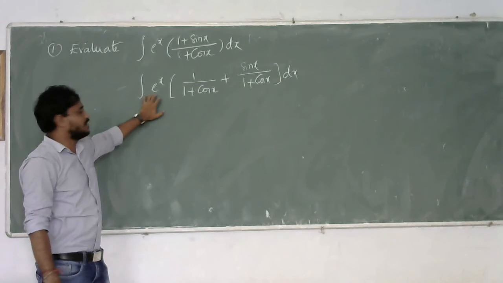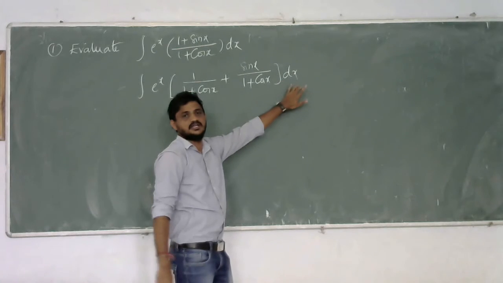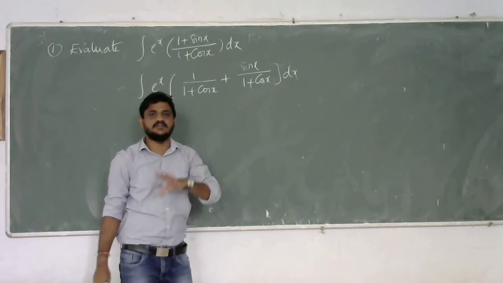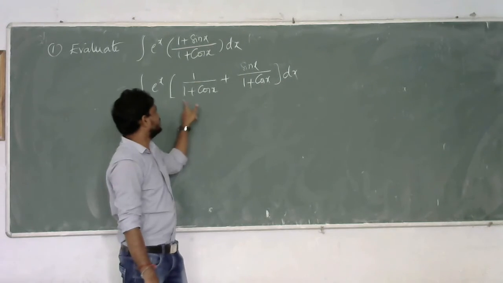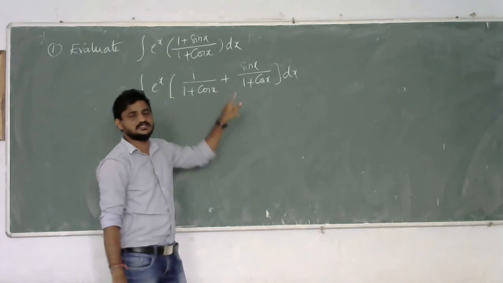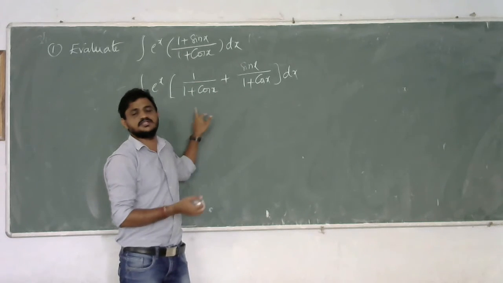Now this is the form e power of x into f of x plus f dash of x into dx. But we don't know which is f of x and which is f dash of x. So first, if we take this function as f of x, then differentiate this term.